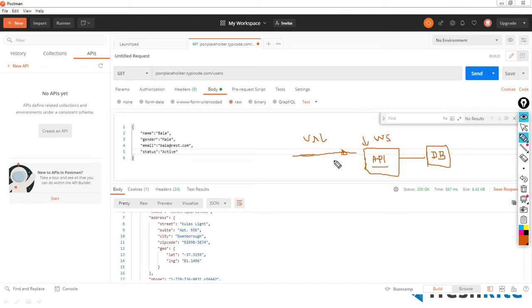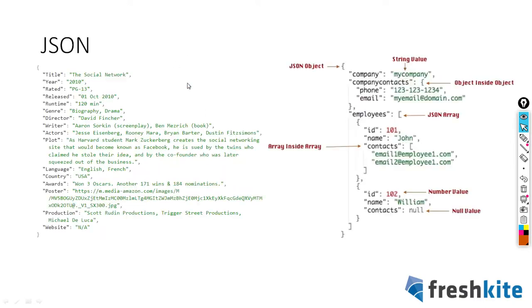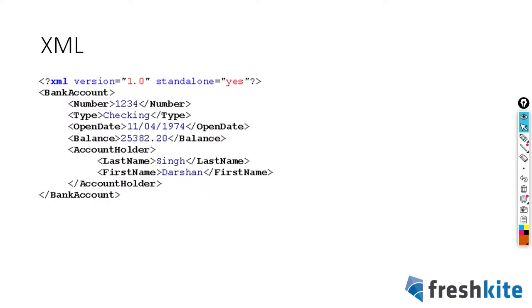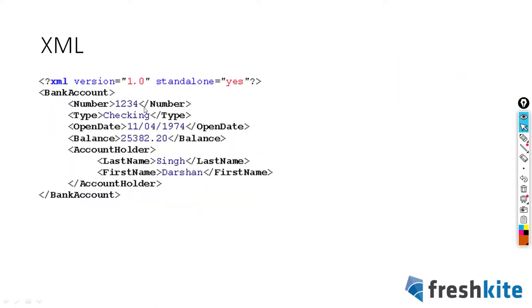The data can usually be in JSON format or in XML format also. It's basically representing data in a different format. Suppose you have a bank account. You can represent this data in JSON format, with number colon your account number. Or you can have it like this, with the number inside a number tag.